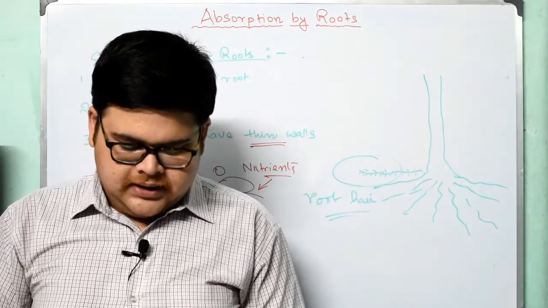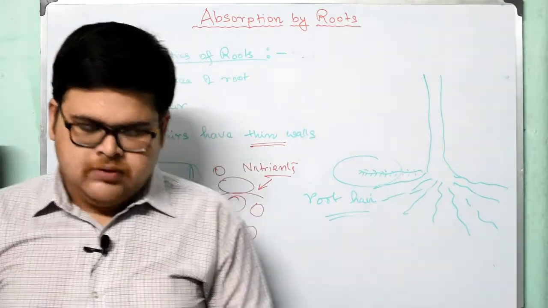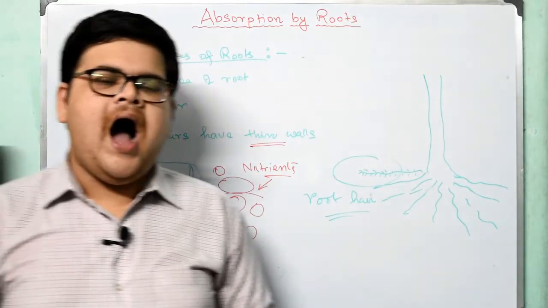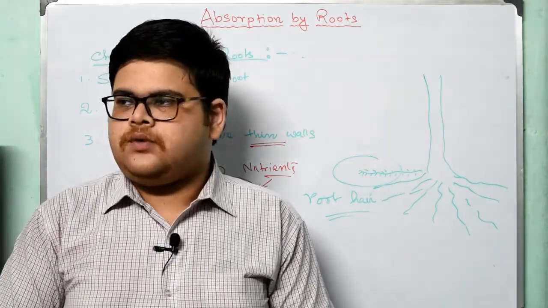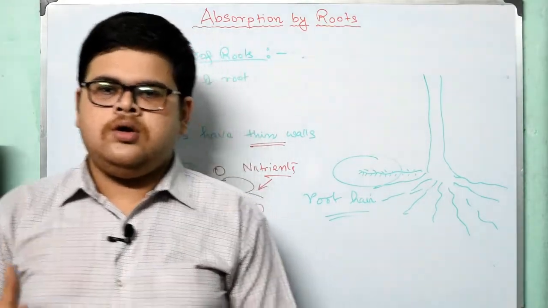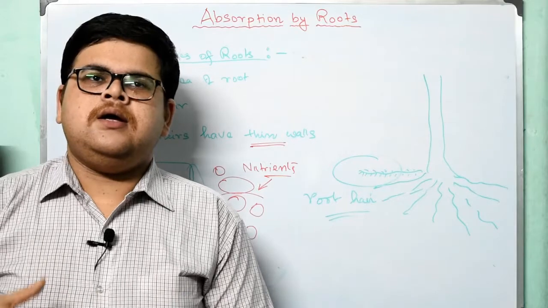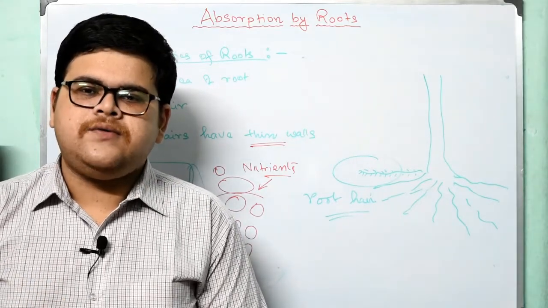The second one is that root hairs contain cell sap of a higher concentration than the surrounding water. Now, how does this concentration help? We all know about difference of pressure.